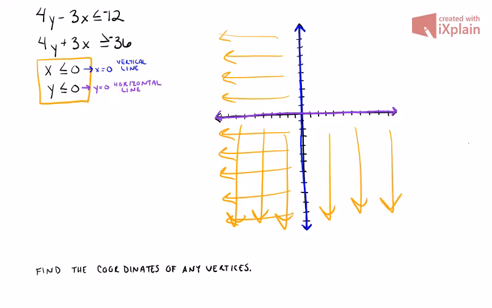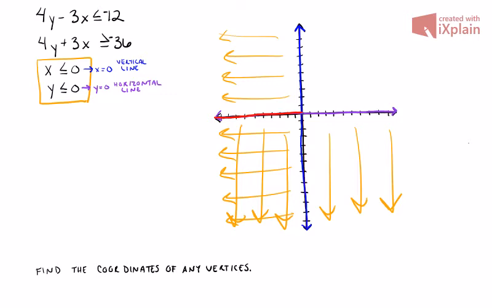Where are you seeing overlap right now? Hopefully you're saying in that third quadrant where you kind of have that hashing going on. So what I want you to note is that our solution to this particular problem that we're looking at is all going to live in the third quadrant. Nowhere else, as you can see, just by working with those 2 inequalities, nowhere else are we seeing an overlap.